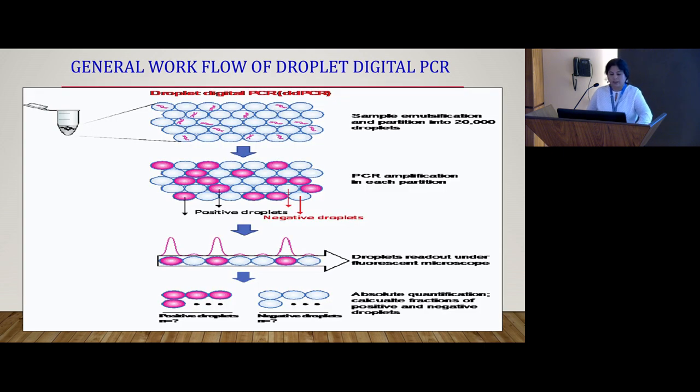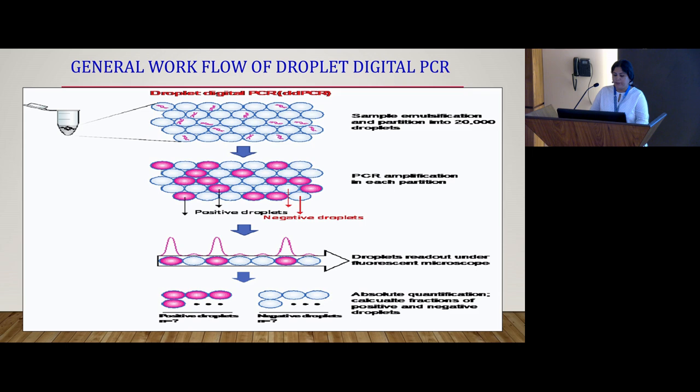So this is the general workflow of how ddPCR works. DNA templates are individually partitioned into tiny droplets. Approximately 20,000 droplets are created, where the target and the background DNA randomly distribute among the droplets.